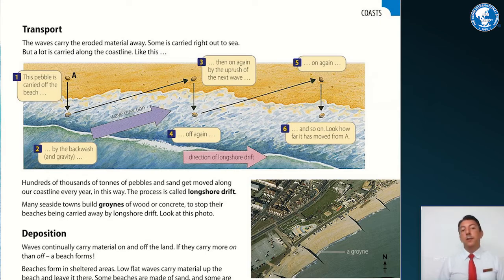Hundreds of thousands of tons of pebbles and sand get moved along our coastline every year in this way. We call this process longshore drift, because the material is drifting or moving along the shore. Many seaside towns build groins. These are made of wood or concrete, and they're built to stop beaches being carried away by longshore drift.